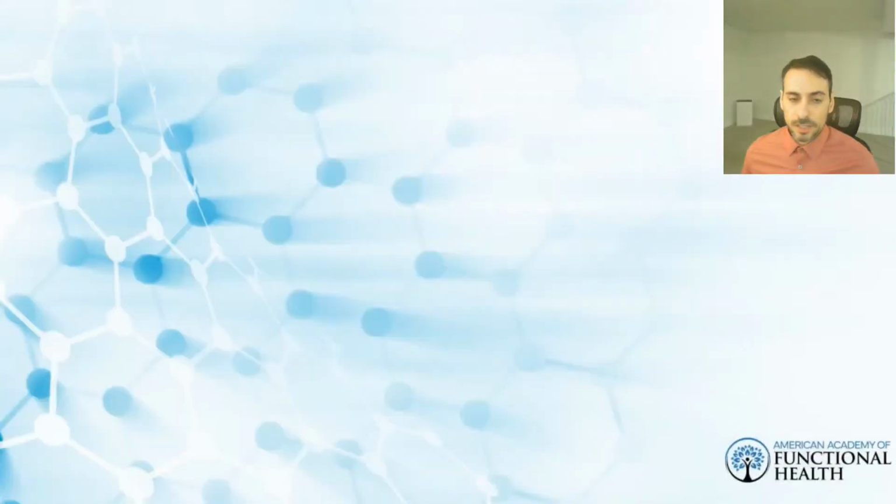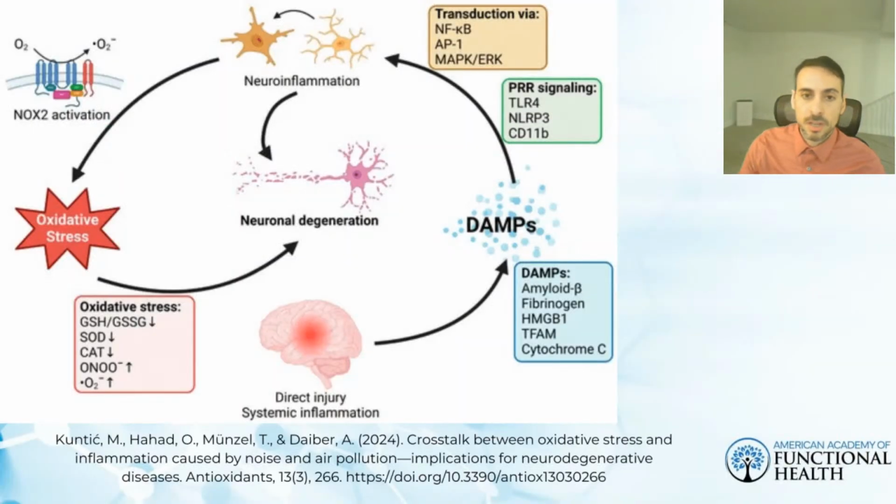inflammation and how chronic inflammation, or even subclinical chronic inflammation, can lead to nerve damage. This is a really interesting picture I wanted to bring to you from an article published in the Journal of Antioxidants just recently, in 2024. In this picture, you can see the direct connection between inflammation, neuroinflammation, and nerve damage.